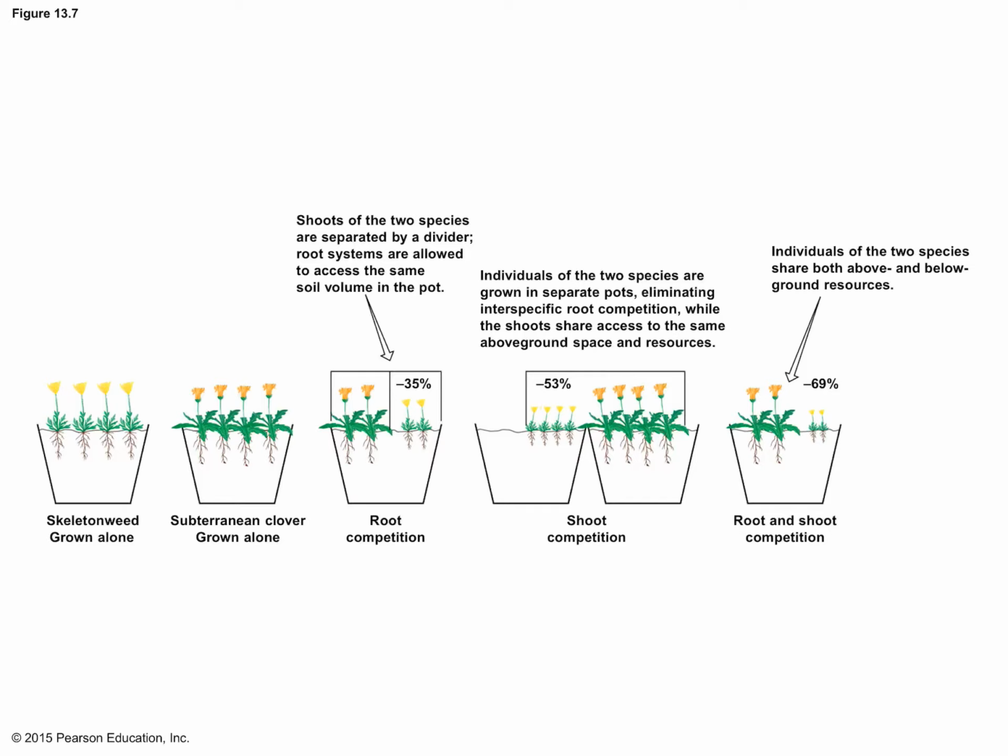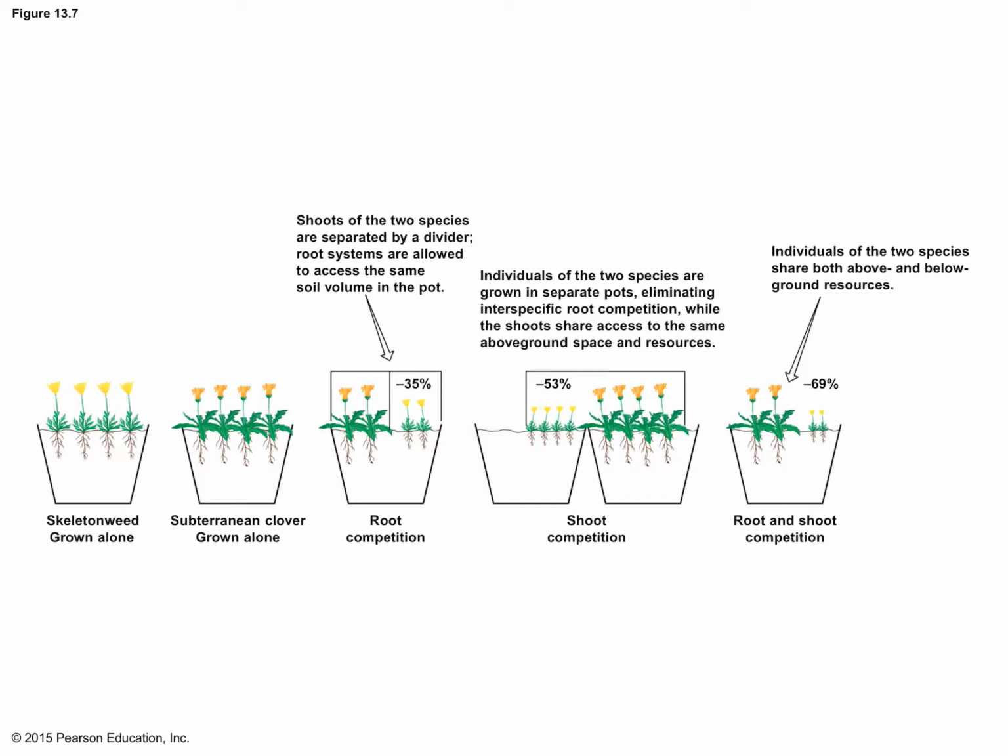So the question is, what does that tell us about resource competition between these two species? Well, it says the species are competing for both above ground and below ground resources. They're not just competing for one resource, they're competing for an entire suite of resources.